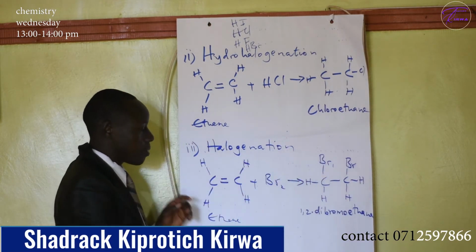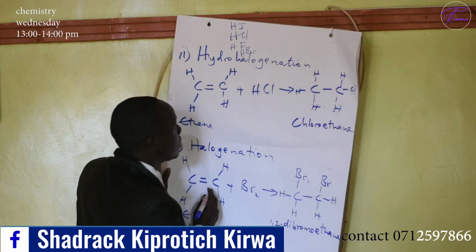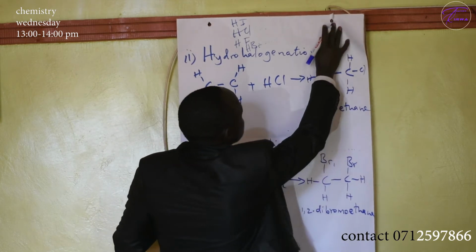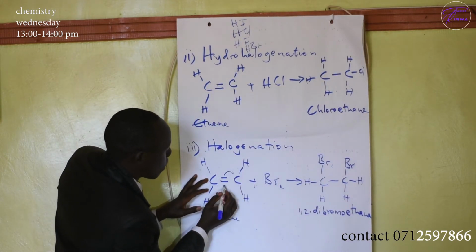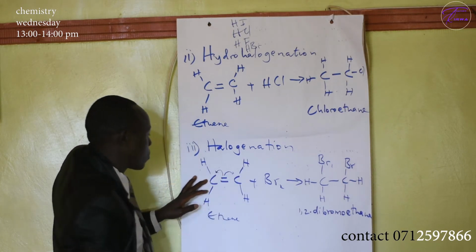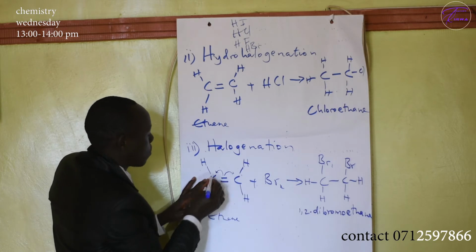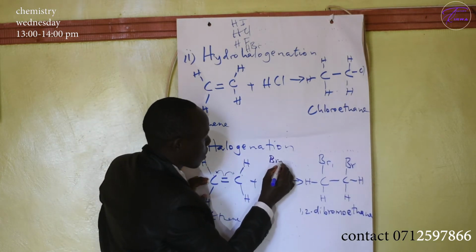When you further your education, you find that when this double bond breaks, one electron comes there and the other electron goes here. So you will have a radical. Now, when you have a radical, this bromine also breaks down.